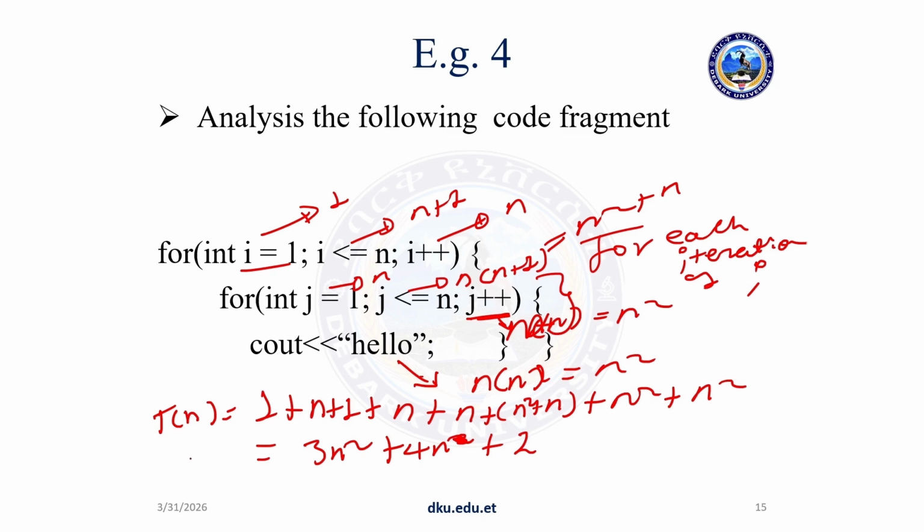So this is the time complexity: T of n equals 3n square plus 4n plus 2. This is the time complexity for this inner loop code. So you can simply add some examples just like this, and you can exercise.